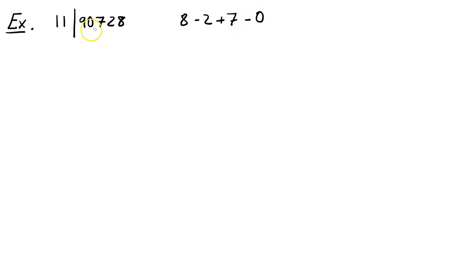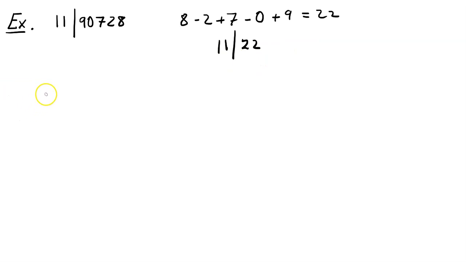It's important not to forget the 0 here, because otherwise you get it wrong. So this is 6 plus 7, that's 13, 22. And we have that 11 divides 22. And that means, according to the theorem, that since it divides the alternating digit sum, it also divides the number itself. Okay, so we know that 11 divides this number because the alternating digit sum is divisible by 11.